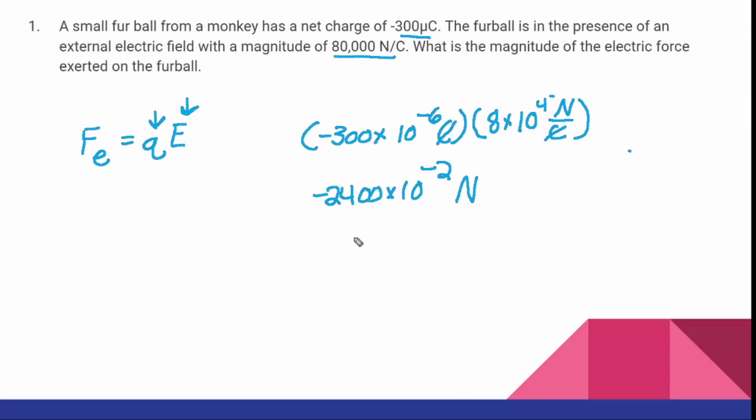If we were to simplify this, we would just end up with negative 24 newtons. But because the question is asking for the magnitude of the electric force, we will be taking the absolute value. And so our resulting answer is 24 newtons.